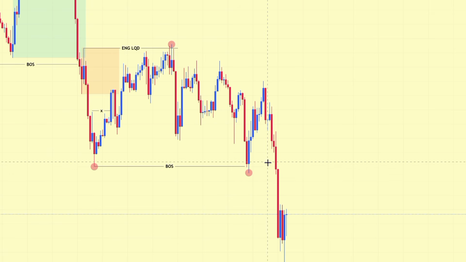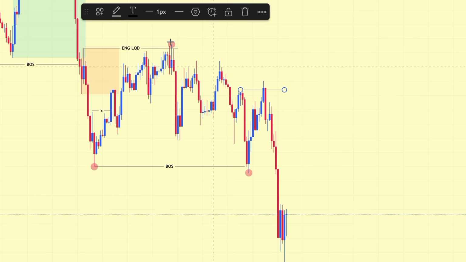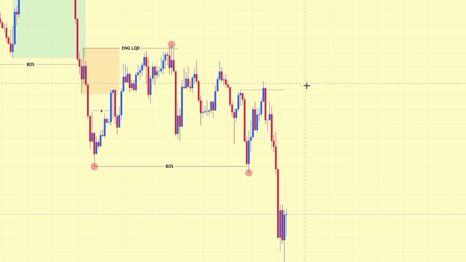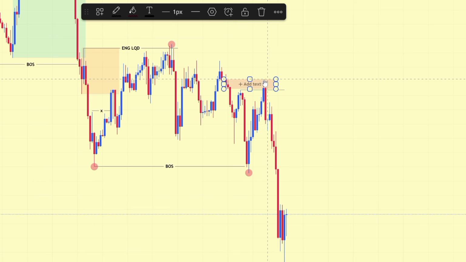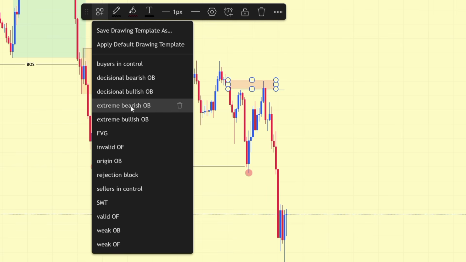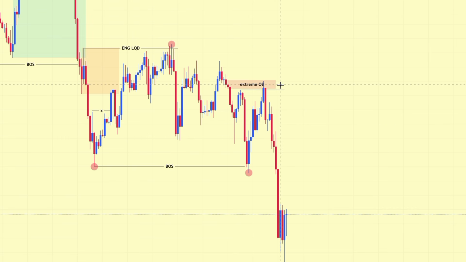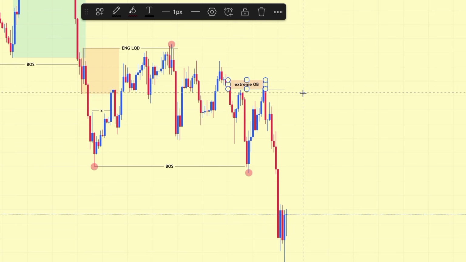You can clearly see again after the break of structure, price reversed back and took out that minor inducement exactly right there. Price has also mitigated that extreme order block exactly right there. That is the extreme bearish order block, and that's where price made the reversal.